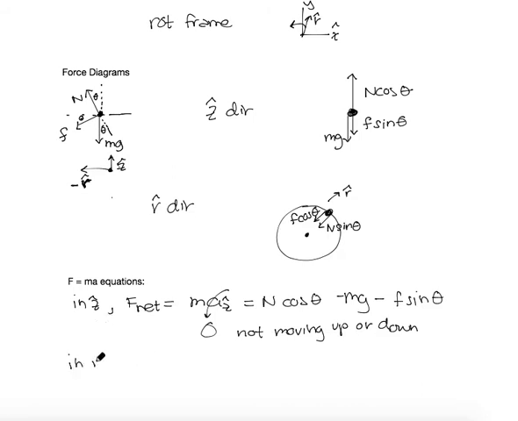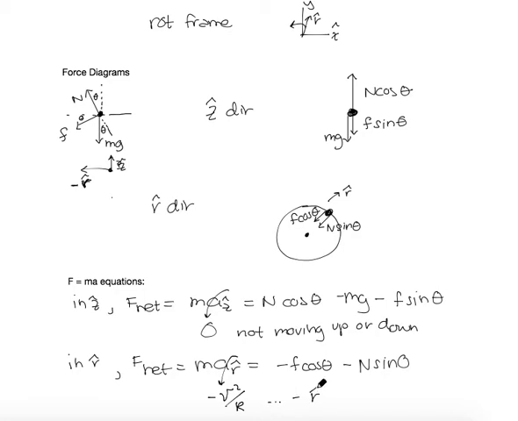And in the r hat direction, f net equals ma r hat equals minus f cosine theta, looking at this diagram, minus n sine theta. The acceleration here is minus v squared over r, in the negative r hat direction.